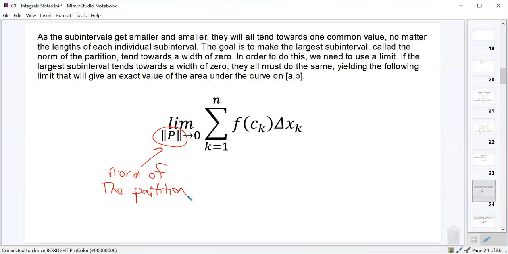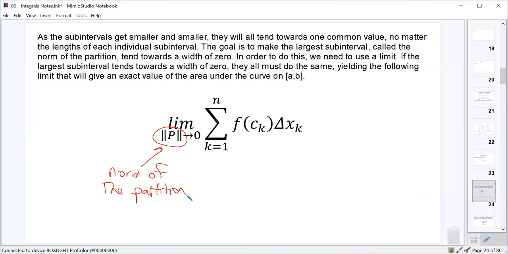Now we'll note here that this is a little bit of a mess. We've got a limit with a norm of a partition approaching 0 of a summation of k equals 1 to n of f of c sub k times delta x sub k, which is a whole lot of different variables and things for us to deal with. And there's not really any real reason why we would need to have a largest subinterval.